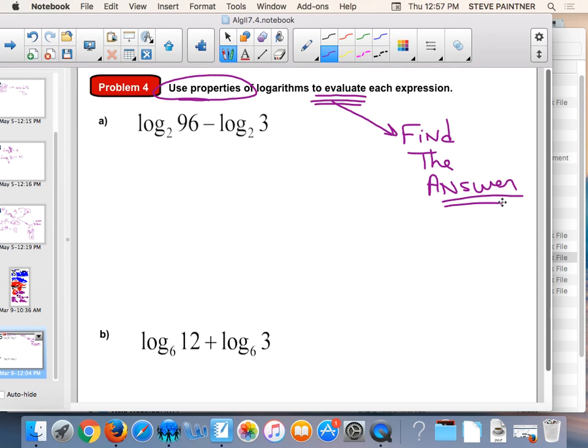Use properties. You guys should come up with an answer. That's why I was using my calculator. Subtraction is not multiplication. Subtraction is division.